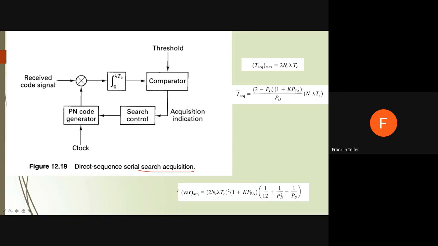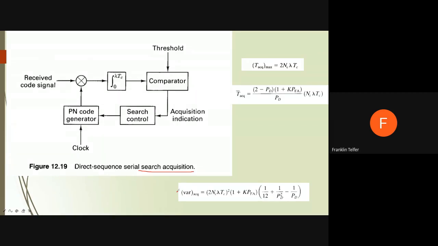So this block will make sure you get a proper sequence code acquisition, with respect to direct sequence spectrum, by aligning the received signal at a proper level.